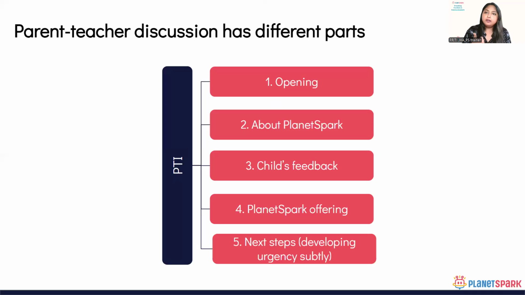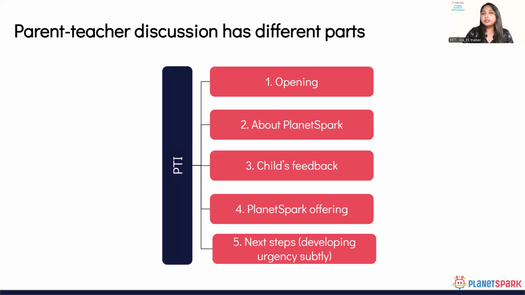Opening is where the teacher thanks the parent for sitting all throughout. You can ask for the 3 key takeaways from the child. And finally, you can ask for any feedback if the parents have it. Next is where you discuss a little about Planet Spark. You check for the parents' prior knowledge and you give out all the details. Number 3 is child's feedback. Number 4 is Planet Spark's offering.